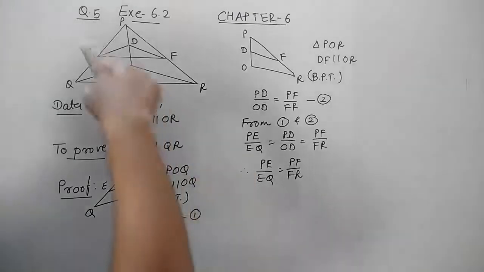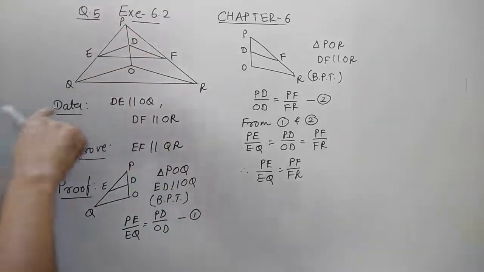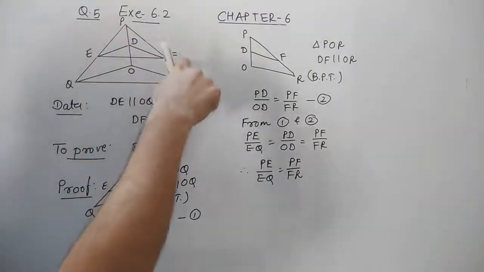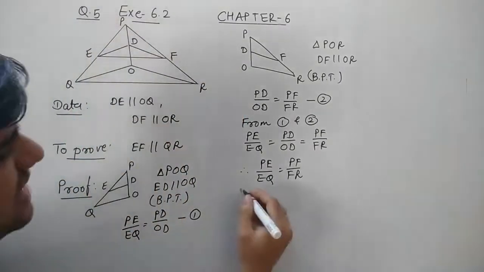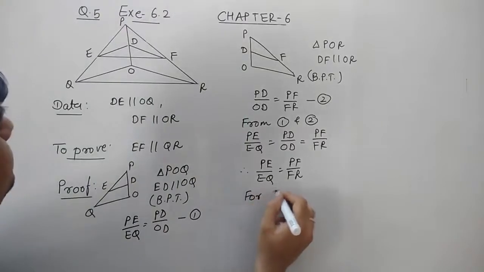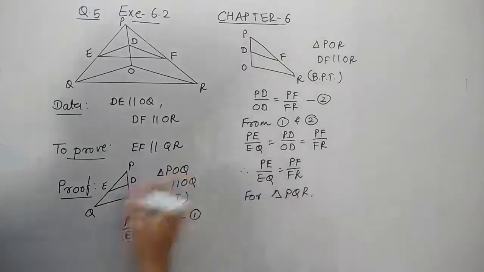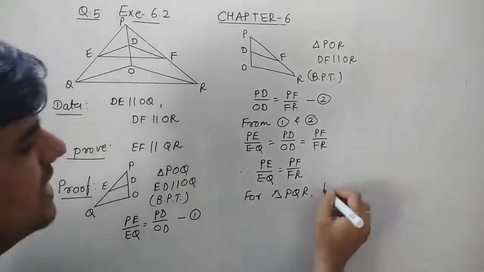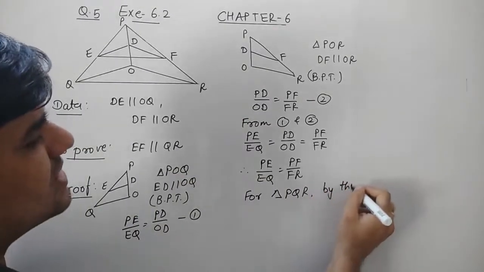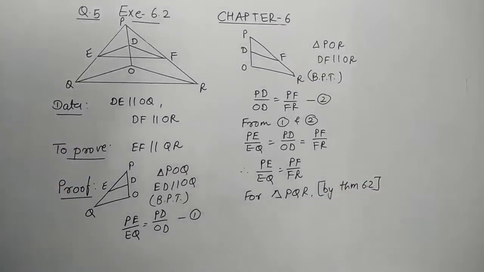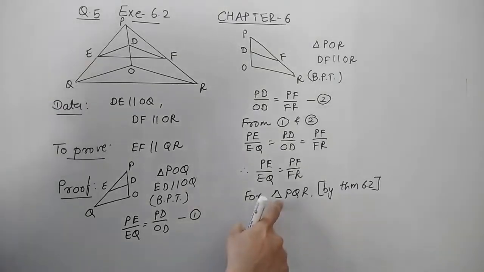Look at this, now this is the only triangle we have to observe, that PE upon EQ is PF upon FR. So you can see that for triangle PQR, using the converse of the basic proportionality theorem, that is by theorem 6.2, you can write the converse of the basic proportionality theorem for this triangle.